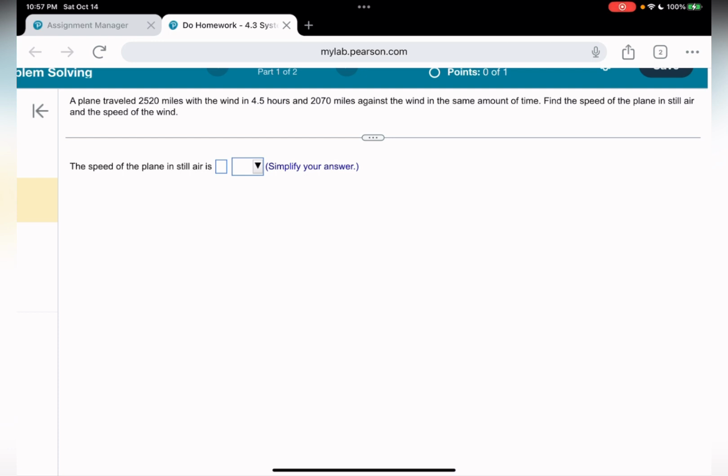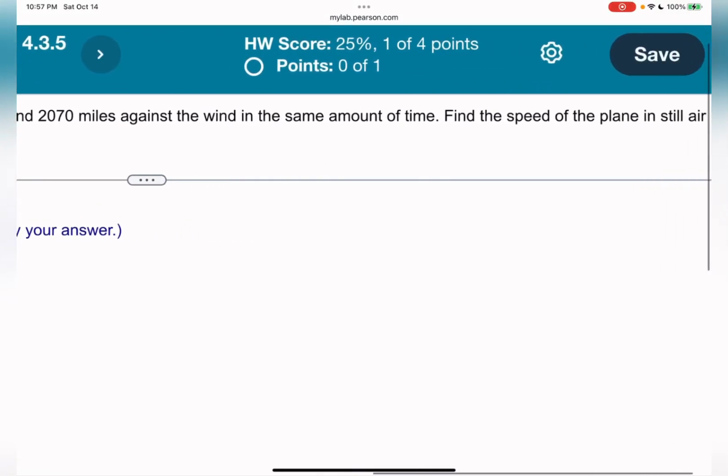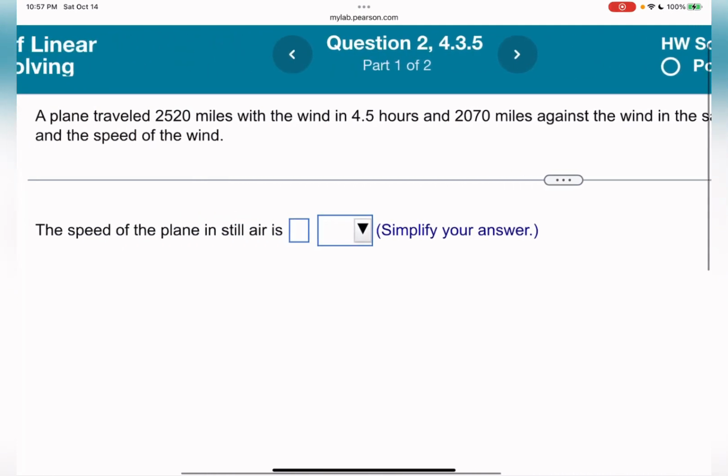We have a plane that traveled 2,520 miles with the wind in 4.5 hours and 2,070 miles against the wind in the same amount of time. Find the speed of the plane in still air and the speed of the wind.